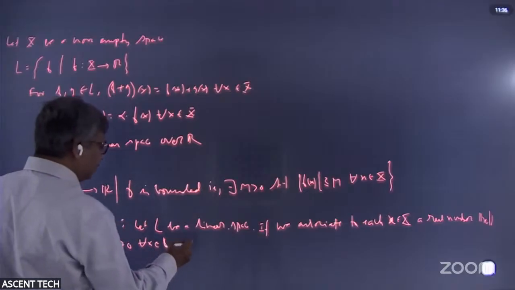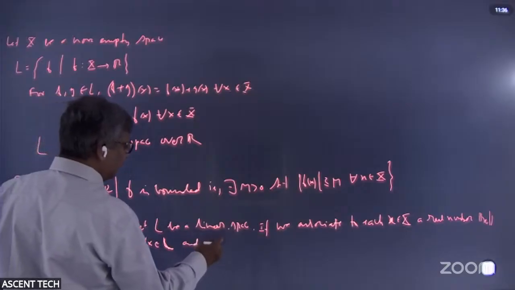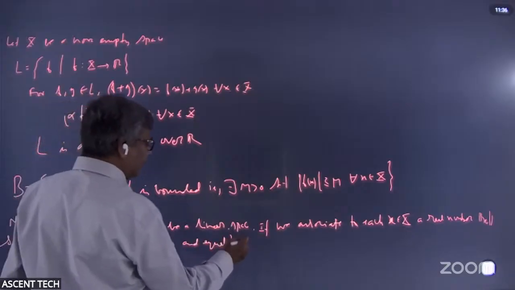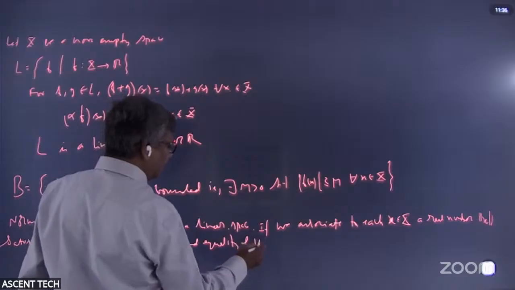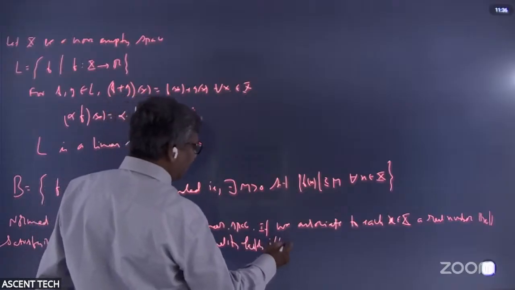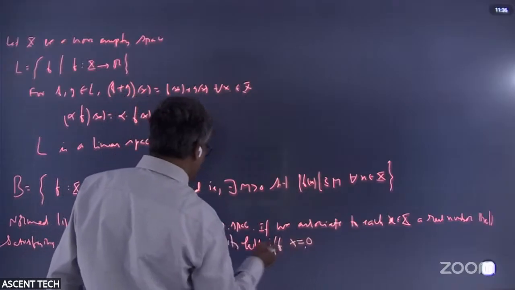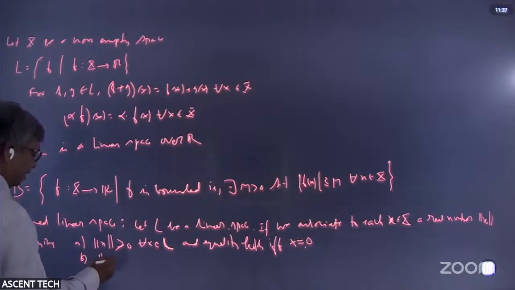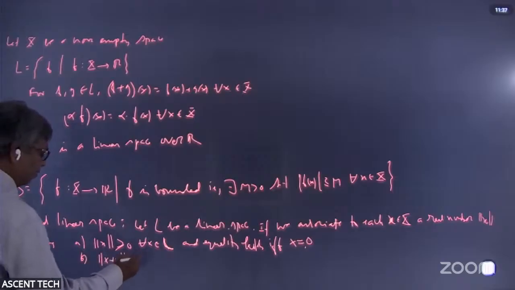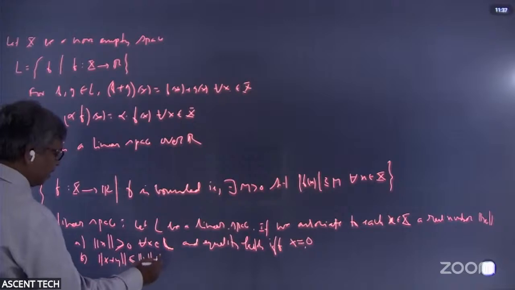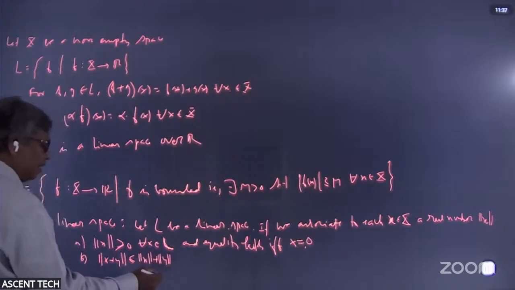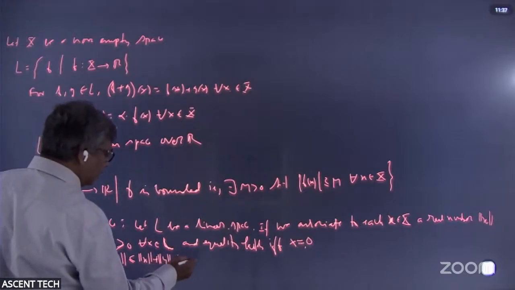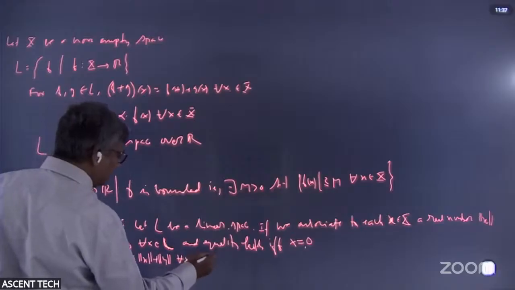And equality holds if and only if x is the 0 element of L. Norm of x plus y is less than or equal to norm x plus norm y for all x and y in L.